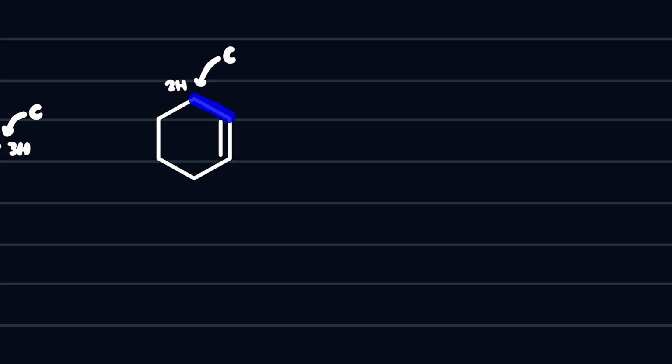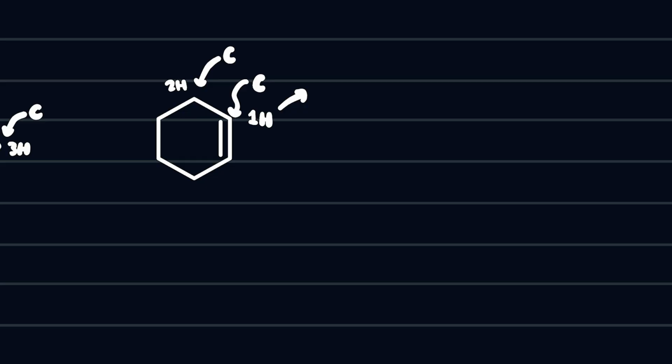So there's 1, 2, 3 bonds on this carbon. It's bonded to 2 different carbons, but it has 3 bonds in total because of the pi bond. So it only has one hydrogen attached to it.